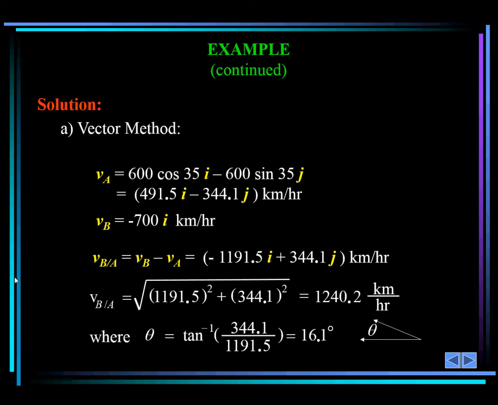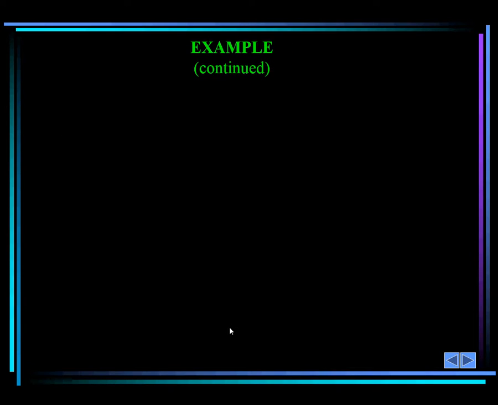And then if we take the magnitude of this, which is what's happening here, you have 1240.2. And then you have to calculate the angle theta: arctangent of 344 divided by 1192, 16 degrees.